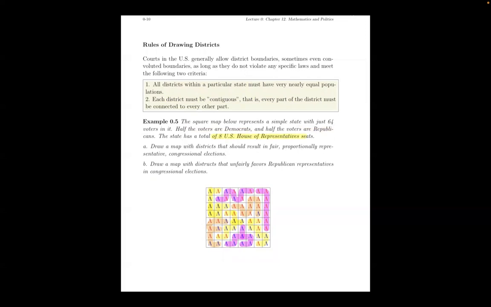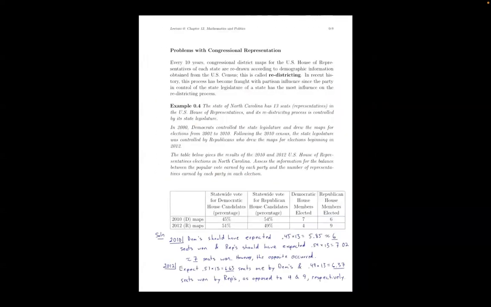They ask us to draw a map, first, with districts that should result in fair, proportionately representative congressional elections, right? This is all based on expectation and not necessarily fact. Again, what we said over here is not what should have been the case based on statewide percentages, but what we should have expected. And if we're close to what we expect, maybe off by a seat or two, then that seems okay.